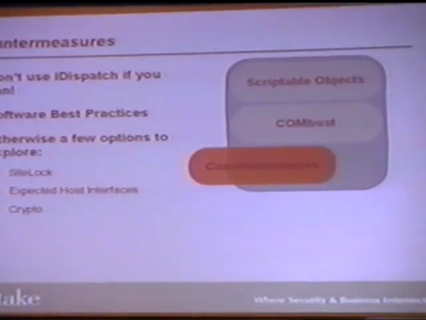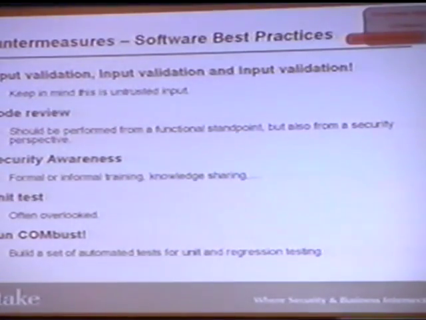I still have a few slides I want to cover. Okay, we're going to go through those real fast because I'm not here to fix your problem. There are some methods to fix the COM or to mitigate the COM limitations.